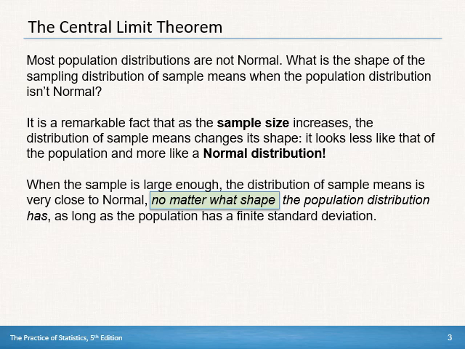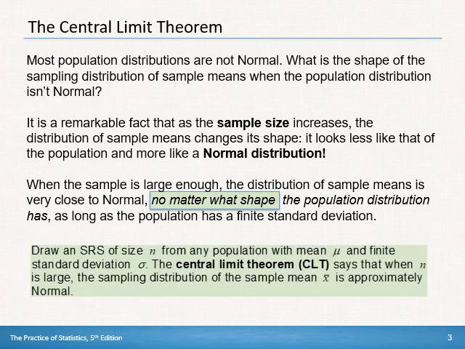And it doesn't really matter what shape the population distribution is; so long as our sample size is large enough, we can assume a normal sampling distribution. That's essentially what the central limit theorem says: if n is large, then the sampling distribution of our sample mean, X bar, is approximately normal.